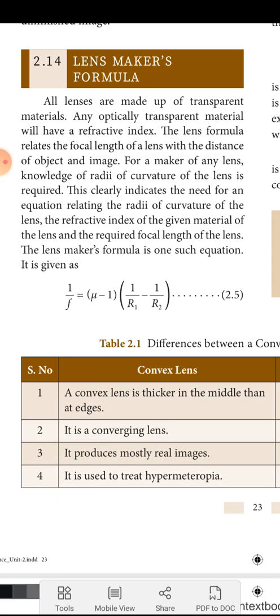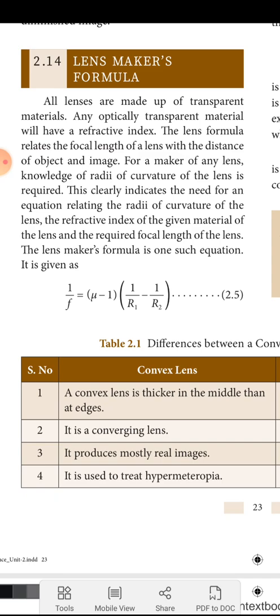We have studied the refractive index: the ratio of the speed of light in air to the speed of light passing through the medium is called the refractive index. So the lens has a refractive index, and it is cut from a sphere, so it has radii. So the lens maker will have their own formula to find the focal length of the convex lens, any lens, when they are preparing the lens.